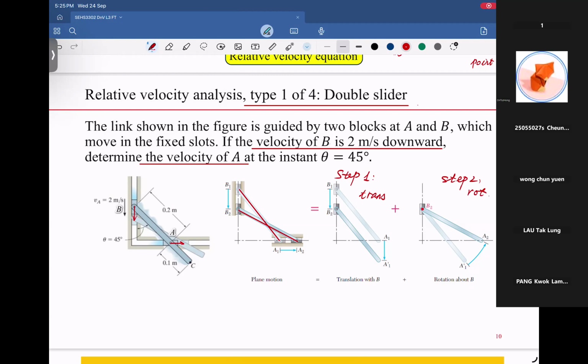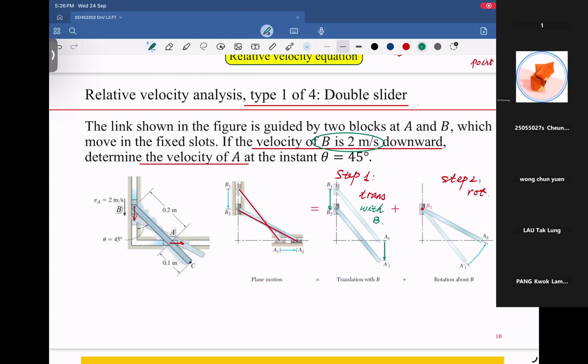So we know the reference point. We can take one uniform, consistent reference point, taking B as the reference point. So firstly, translation with B. Everything translates with B. Point B moves downward due to the rack, and in such a translation, point A also follows point B. It's a virtual motion, right?